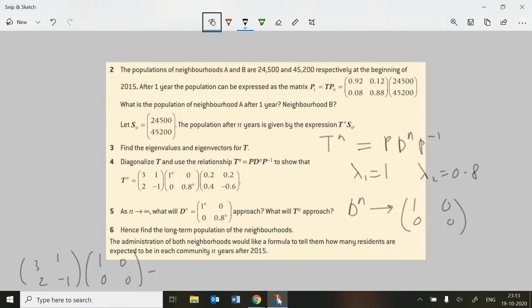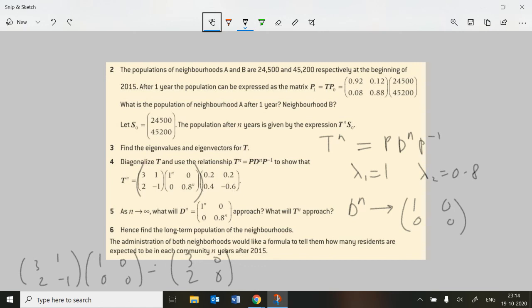We can put brackets around the first two or the last two, and the first two makes it easier. So this times this is going to give us 3 here. Then this times this gives us 0. Then this times this gives us the 2, adding those two things together, of course. And then this times this gives us 0. So this is the matrix which we now need to apply to this.